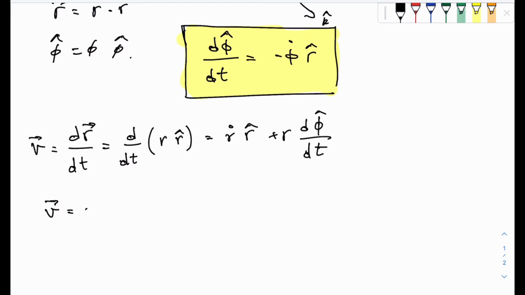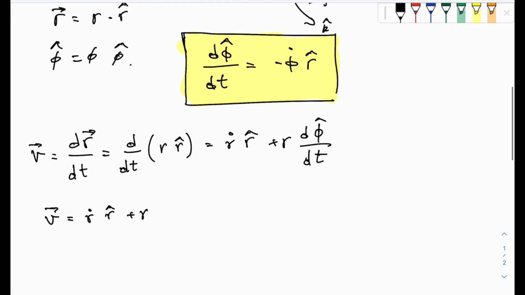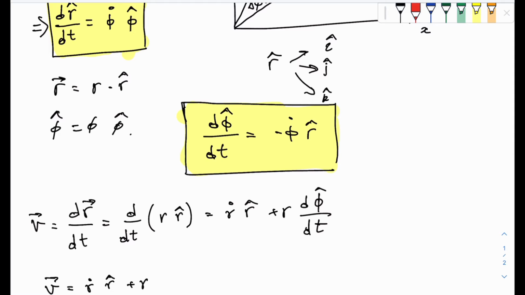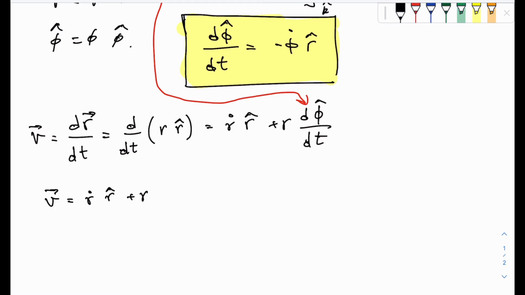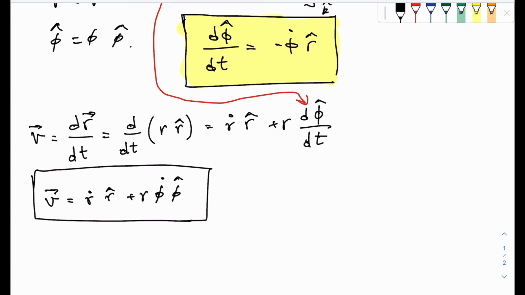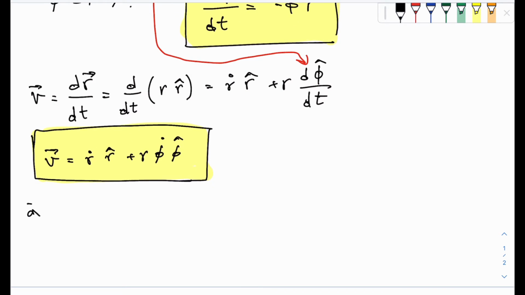The velocity can be written as r dot r hat plus r, and here is where you need this equation. You plug it in and you're going to get phi dot in the phi direction. So this is the velocity in polar coordinates.